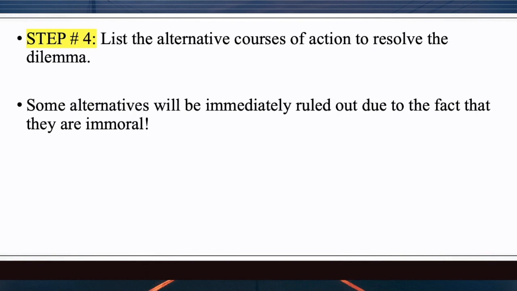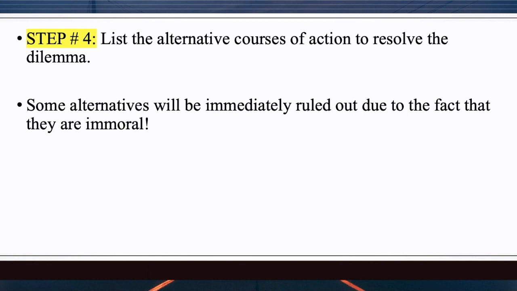And then step 4, you list the alternative courses of action to resolve the dilemma. So if I decide to do this, if I decide to do that, you're going to have alternatives to choose from to resolve the dilemma. Some alternatives will be immediately ruled out due to the fact that they are immoral.